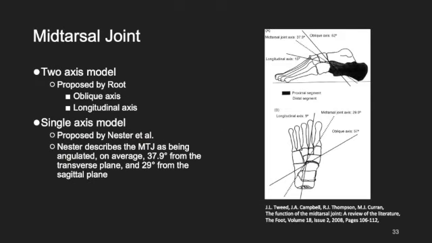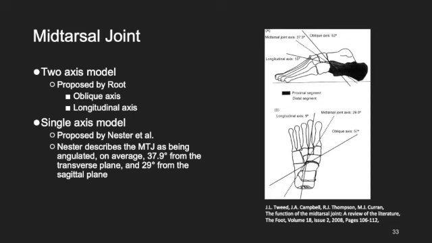So taking a look at the midtarsal joint, there are a couple different models. I, as you guys know, like the easy way, and I like the easy model. So if I was going to pick between a 2-axis model or a 1-axis model, I'm probably going to go with the 1-axis model.